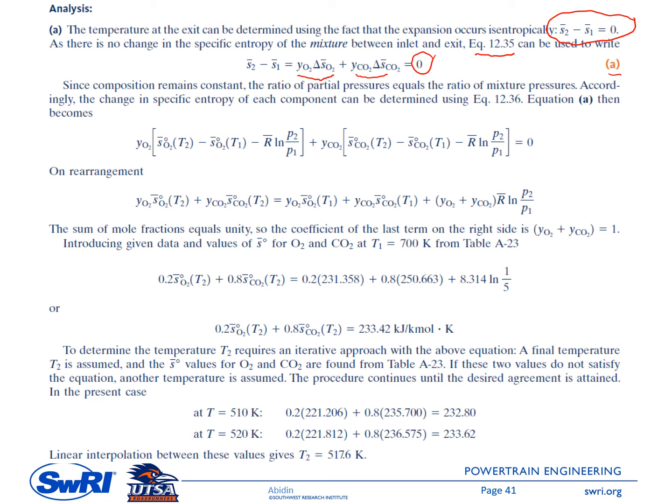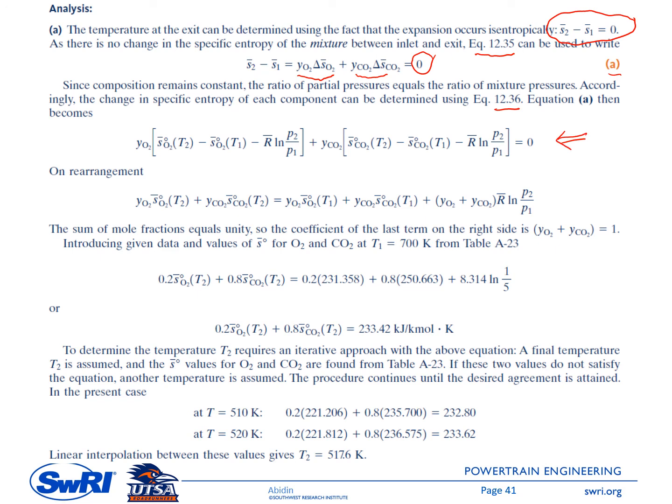And then the composition remains constant, so the ratio of partial pressures equals the ratio of mixture pressures. Accordingly, the change of specific entropy of each component can be determined using equation 12.36. Okay, and then equation A here can be rewritten to give this equation.